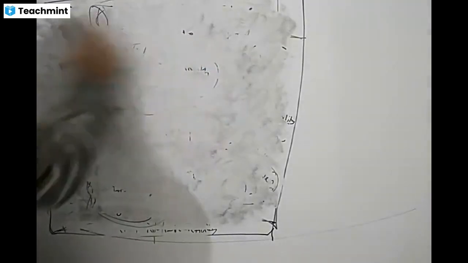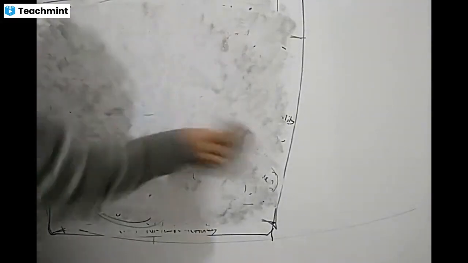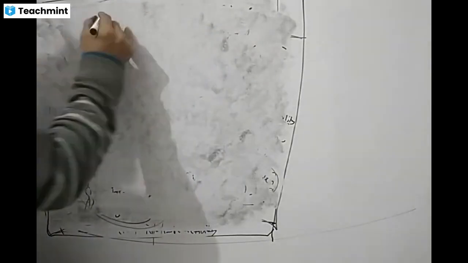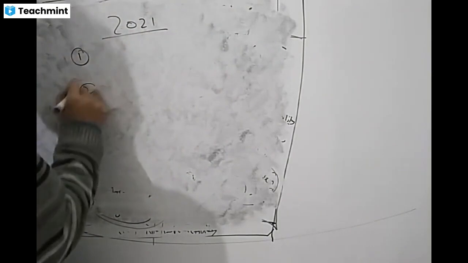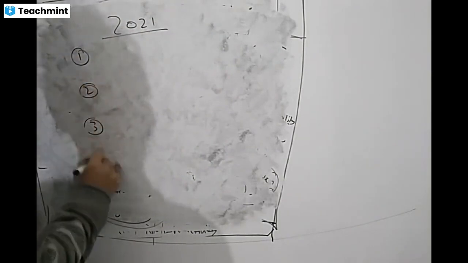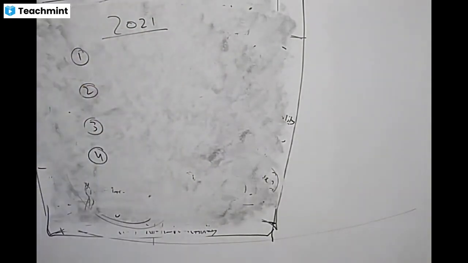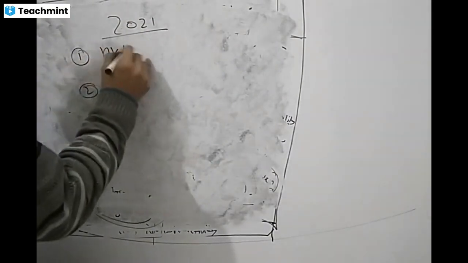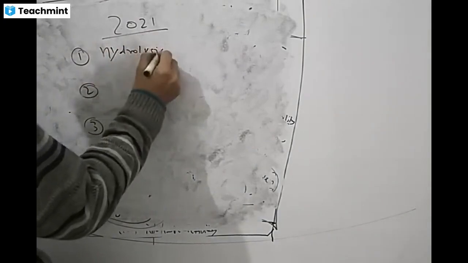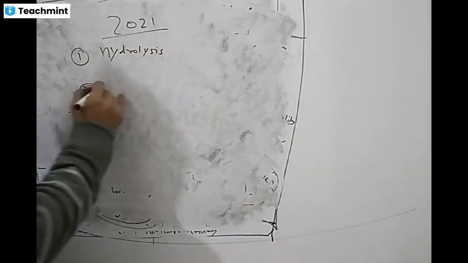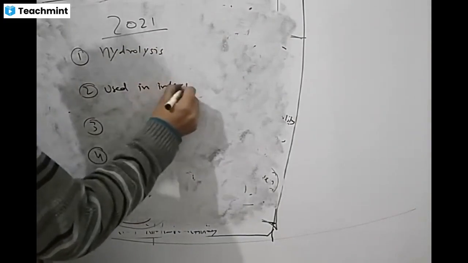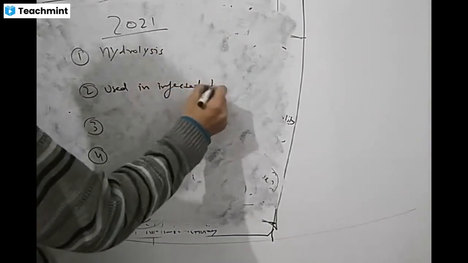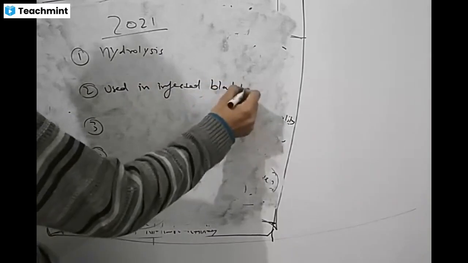With this Vicryl, there was one MCQ asked in the NET exam 2021: which is not true for Vicryl? Four options were there. First, it is degraded by hydrolysis. Second, it can be used in infected, contaminated bladder surgery.